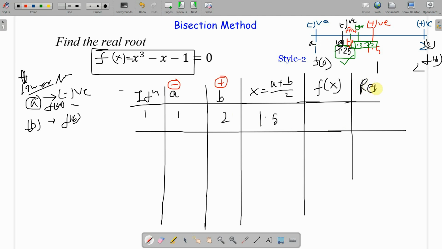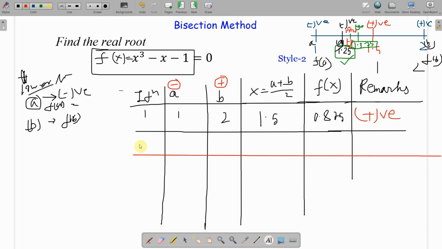So you will be writing remarks. Okay, so 1.5, fx value is coming around how much? It's coming around 0.875. That means it's giving you the remarks positive.